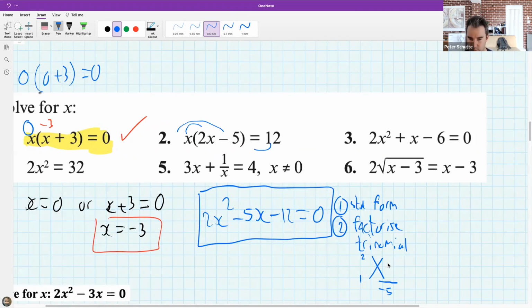So let me make sure. What are my choices? 4 and 3 and 6 and 2 for 12. I think it's 4 and 3. This will be minus. And this will be plus. Those two together give me that. So I get 2x plus 3, x minus 4 equals 0.